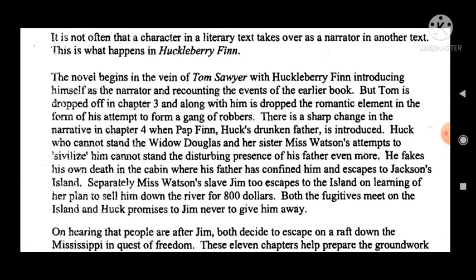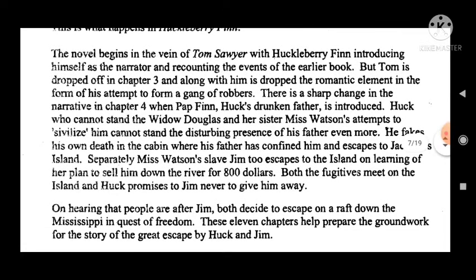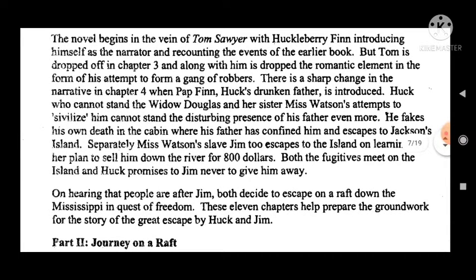But Tom is dropped in chapter 3, and along with him is dropped the romantic element in the form of his attempt to form a gang of robbers. There is a sharp change in the narrative in chapter 4 when Pap Finn, Huck's drunken father, is introduced. Huck, who cannot stand the Widow Douglas and her sister Miss Watson's attempts to civilize him, cannot stand the disturbing presence of his father even more.